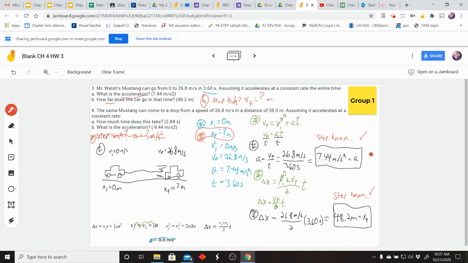And the brakes will accelerate the car differently than the engine, which means when you're doing part 4, you can't just grab the old values. You're going to need a new sketch, first of all. And A is not going to be the A that we just found. And T is not going to be the same T as in the first one. So, yeah, that's my warning about question 4. So hopefully you found that helpful.